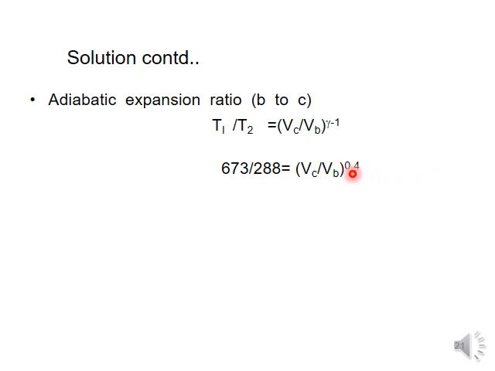Bring this 0.4 to the other side, it becomes 1 by 0.4. So 673 divided by 288 whole power 1 by 0.4, and Vc by Vb is equal to 8.36.